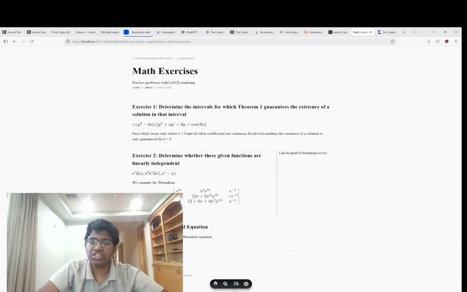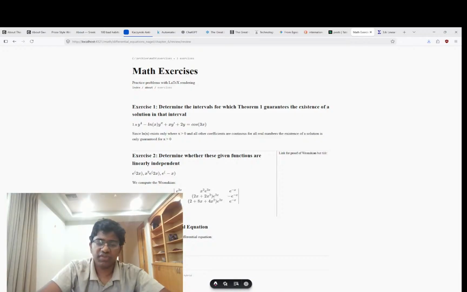So since f of x times c1 plus g of x times c2 equals 0.